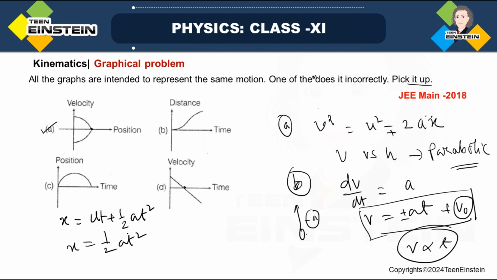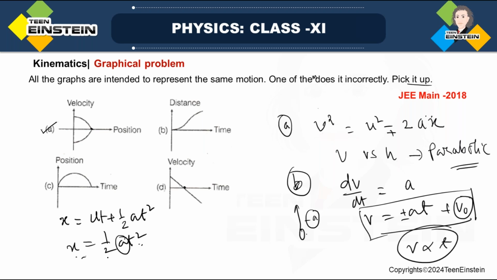So this will be a parabolic curve, x versus t. Therefore, C is also representing a motion with uniform acceleration.